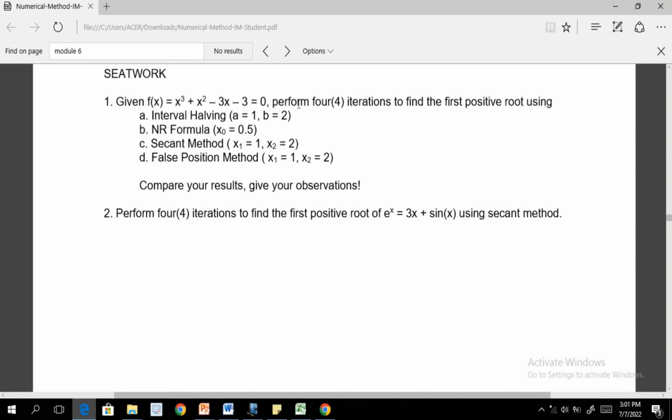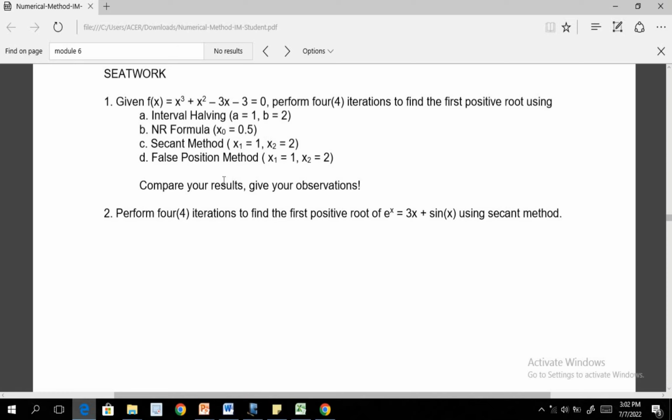Then, perform these 4 iterations to find the first positive root. Now, compare your results. Give your observations. Kapag ginamit mo yung 4 na methods na to in solving this function, in determining the root, compare your answers and give your observations. When we say give your observations, obviously, naka-essay dito.